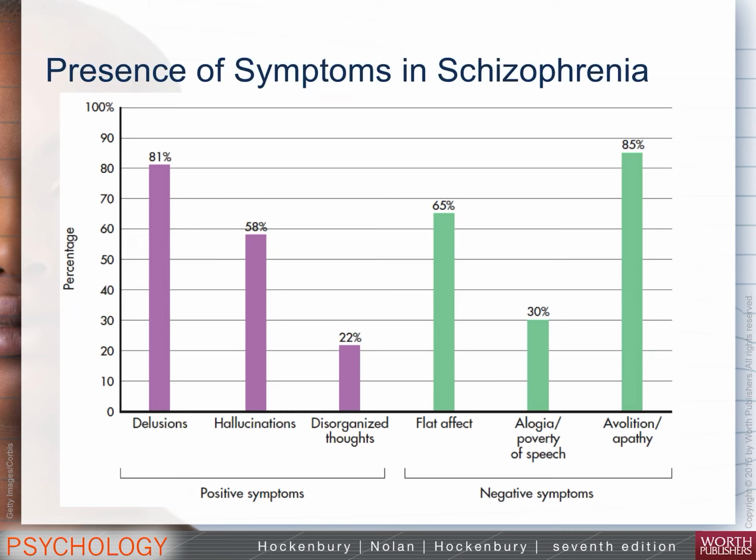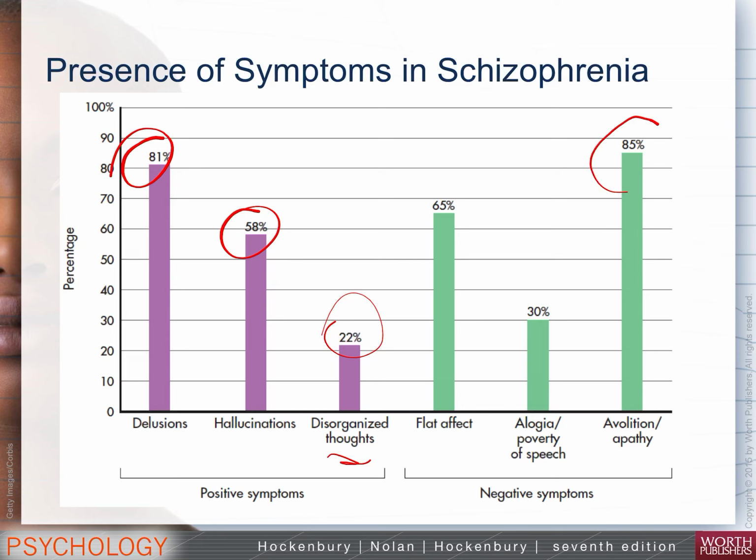Now, if we look at the percentage of symptoms, positive versus negative, you can see here that delusions make up a very big chunk of the positive symptoms, 81%, with hallucinations about 58%, and only 22% being disorganized thought.